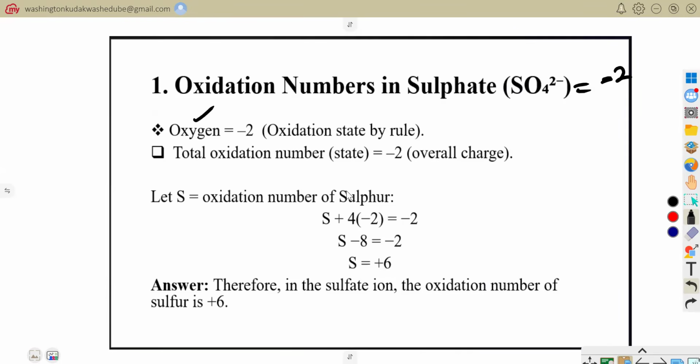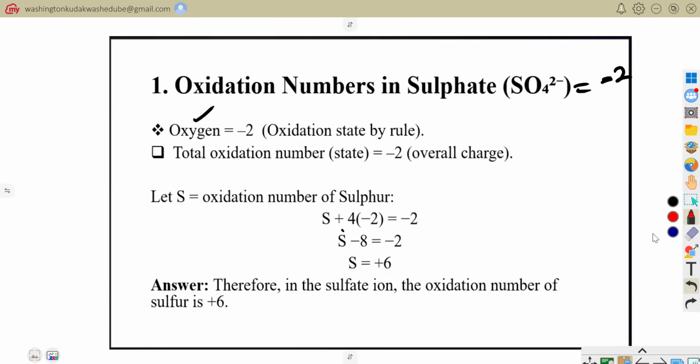we can let S represent the oxidation number of sulfur. When we represent the oxidation number of sulfur by S, how many atoms do we have for sulfur? We only have 1. And how many atoms do we have for oxygen? We have 4. And the oxidation number is -2. So S plus 4 times -2 is equal to -2.